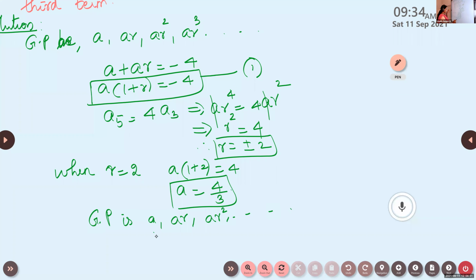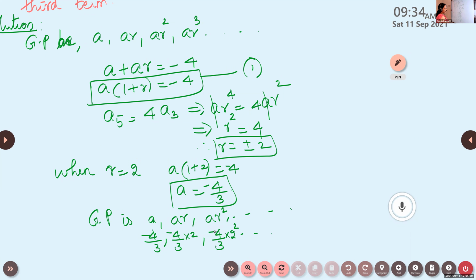So a is minus 4 by 3, minus 4 by 3 into 2, minus 4 by 3 into 2 square, and so on. Ma'am, isn't it negative? Which one? Oh, okay. It is minus 4. Yes, correct. The question is given as minus 4, is it or not? Yes.